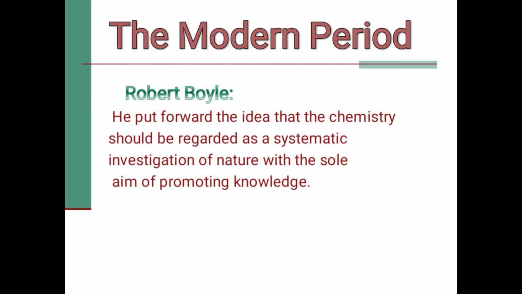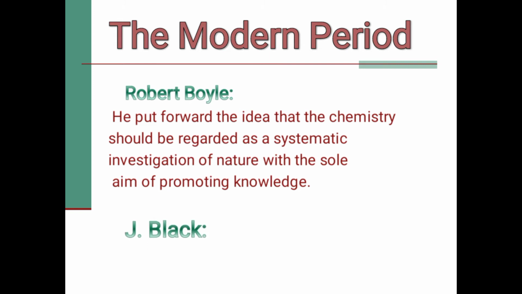He said that chemistry can be applied to all the processes of nature, not only to the conversion of metals into gold. That was the study of alchemists, and this is why Robert Boyle was known as the father of modern chemistry.